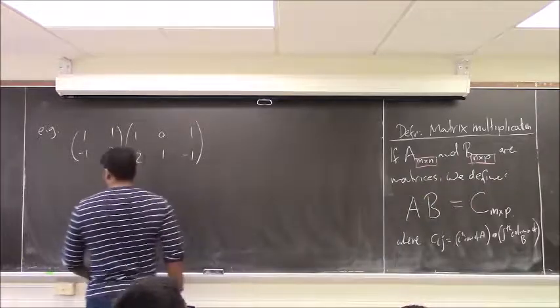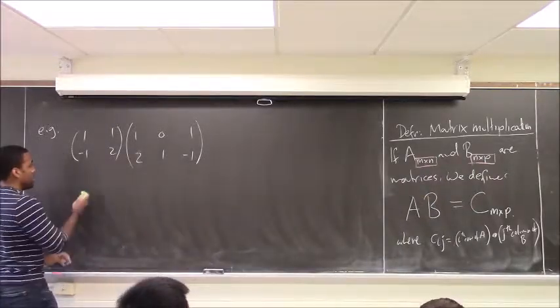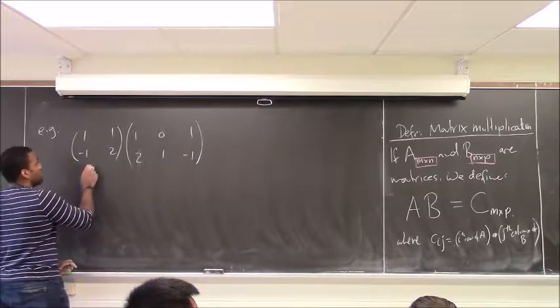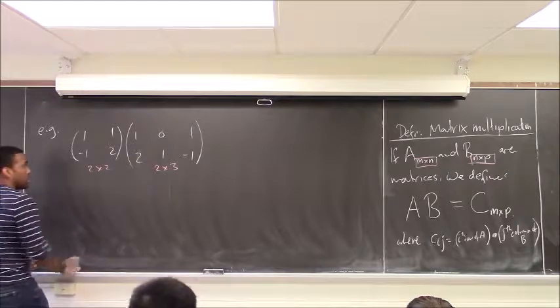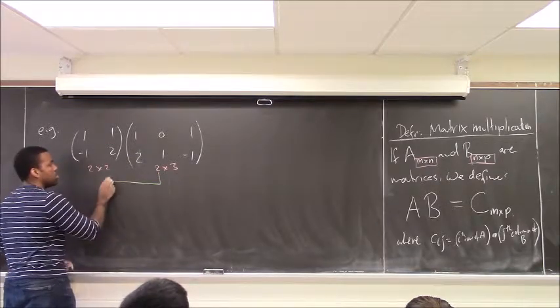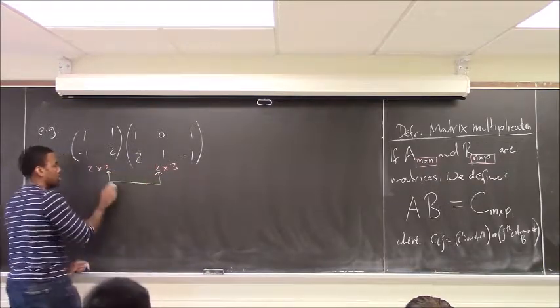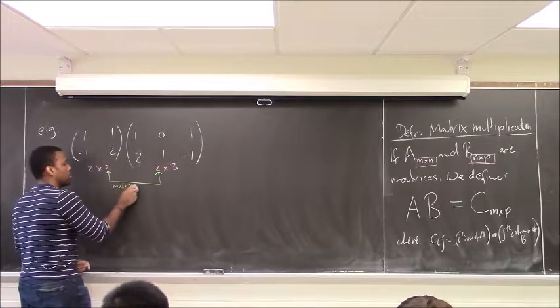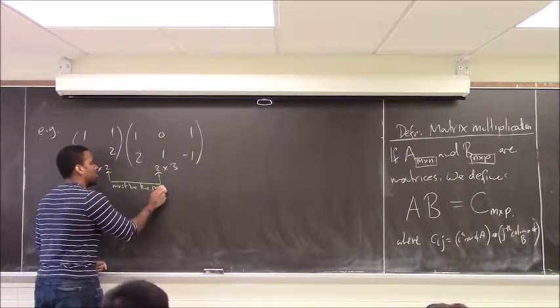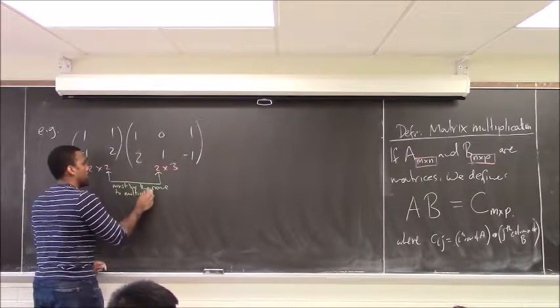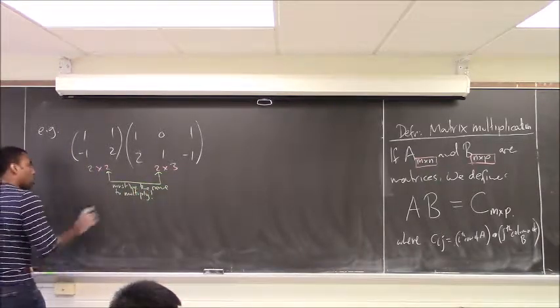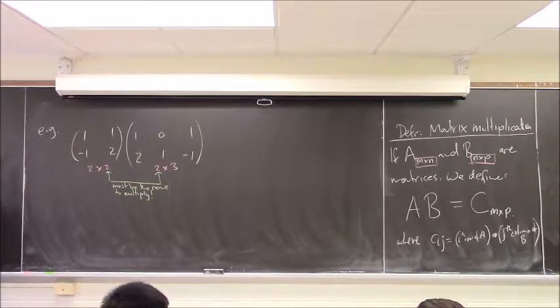One thing you have to realize is that this here is a 2 by 2. This is a 2 by 3. The inside numbers must actually be the same. The outer numbers actually tell you some important information too.